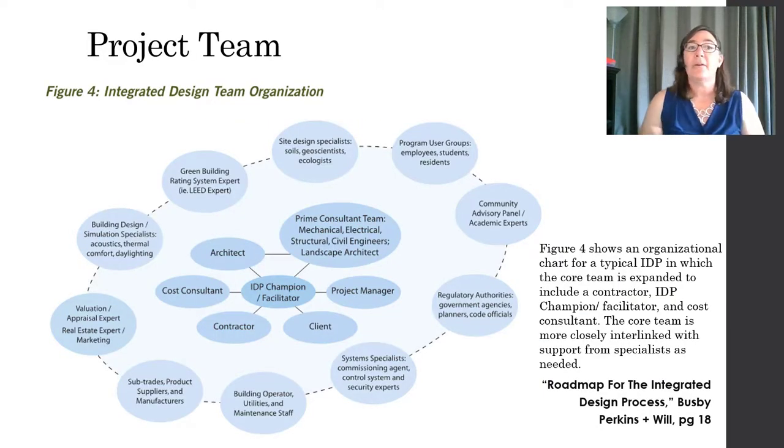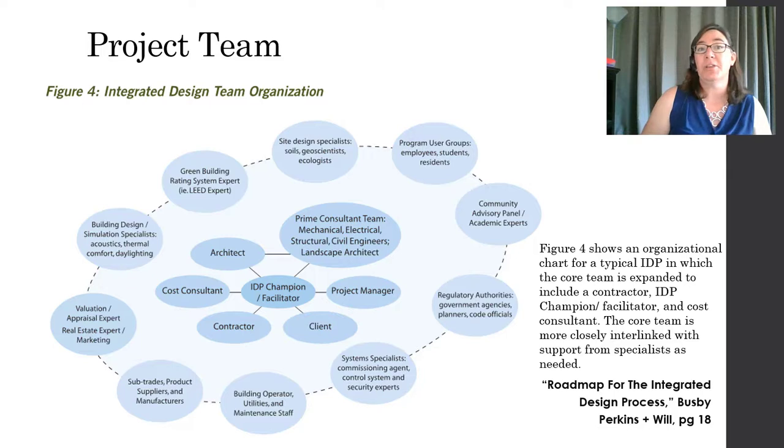Here's a diagram of what an integrated design team could look like. You'll see that there's a central core of primary team members, and that includes the architect and the client, the different design consultants, the contractor, the project manager, and it includes somebody new, the integrated design project champion or facilitator.